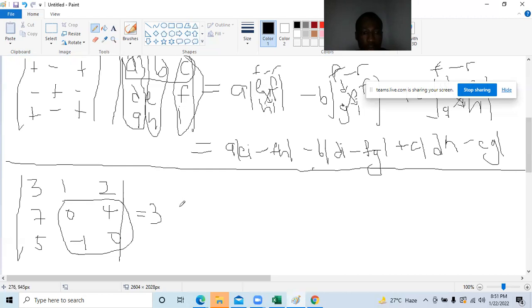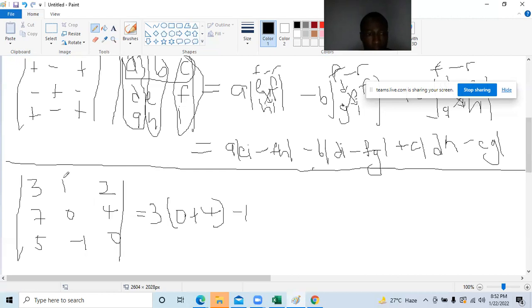So 0 minus 0 is 0, minus 1 times 4. That's 0 plus 4, right? This is minus, so this is minus 1 into 0 plus 4 minus 1, right?